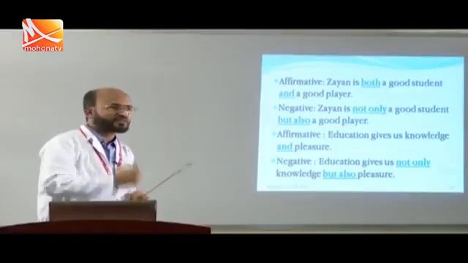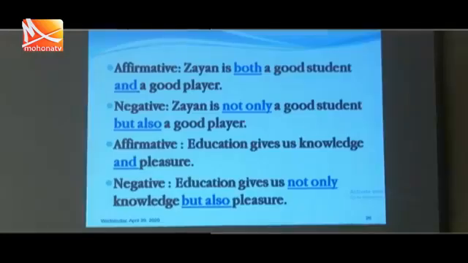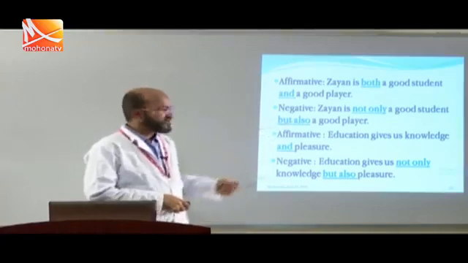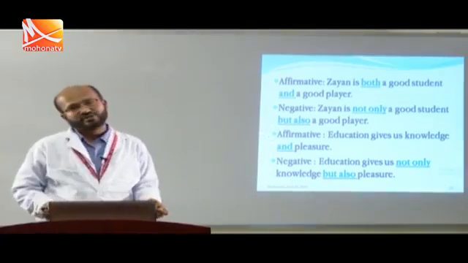This is also like this. So Zion is both a good student and a good player. So, not only but also. That is, at the same time, a good student and a good player. Next one, affirmative: Education gives us knowledge and pleasure.